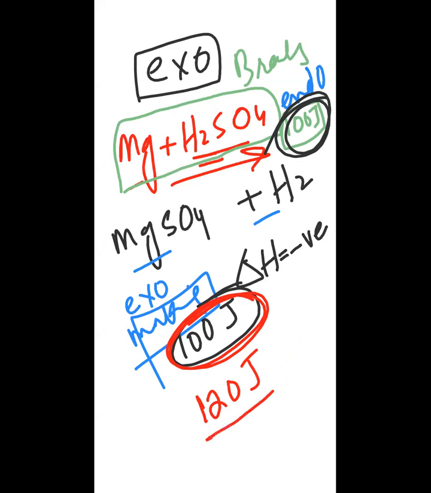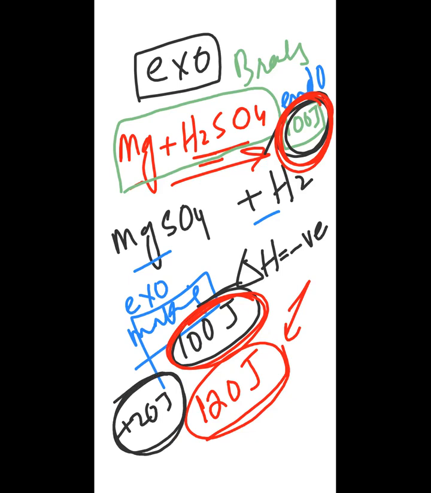The reactants were absorbing 100 joules when they were breaking the bond. And when there is bond formation at the product side, the energy released back to the surroundings is 120 joules. We had given 100 joules only, and we are receiving 120 joules. 20 joules extra.